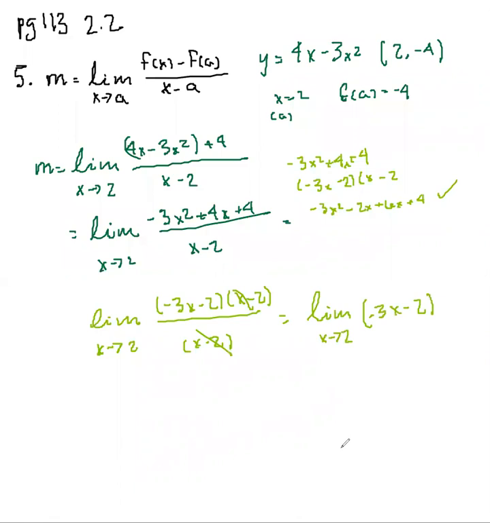As x approaches 2, negative 3x is going to approach negative 6, and this whole thing is going to approach negative 8. So m is going to be equal to negative 8.